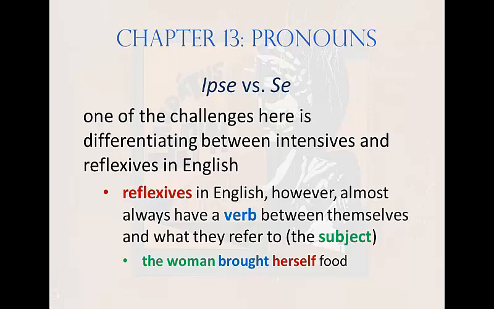Notice the same thing happens when you make the same change in the second sentence. The Romans built themselves a city. Themselves is now reflexive. So when you see a verb between a self form and the thing it modifies, it's most likely reflexive, with one hideous exception.